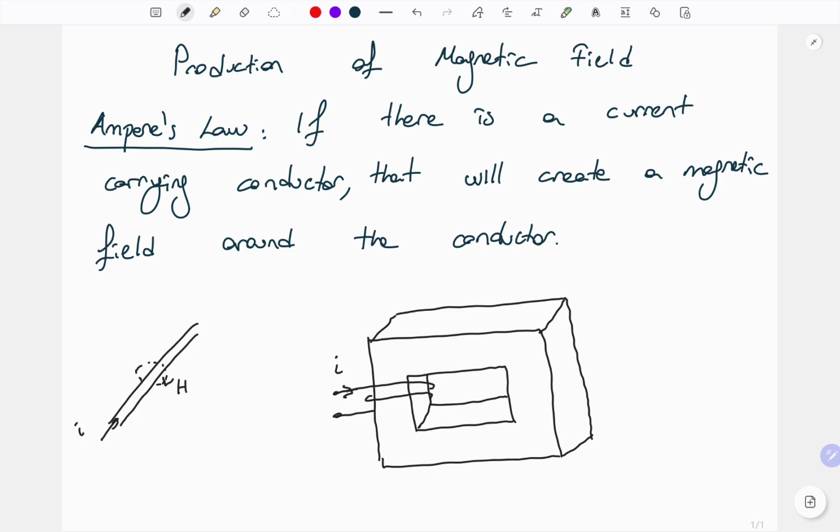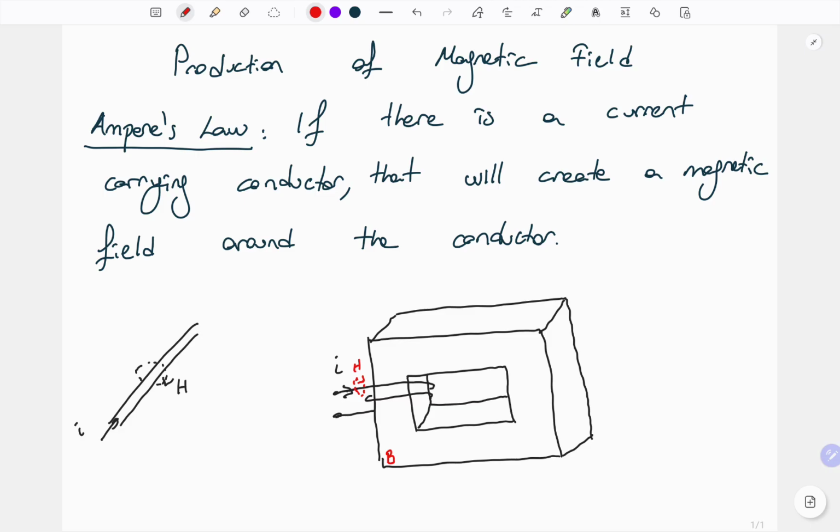Then, according to Ampere's law, this current will produce a magnetic field intensity around the conductor. Around the conductor, we can see the effect of the magnetic field intensity, which is H. Then, because of the material of the ferromagnetic system, the magnetic core, we can transfer this inside the core structure as B, which is the magnetic flux density.